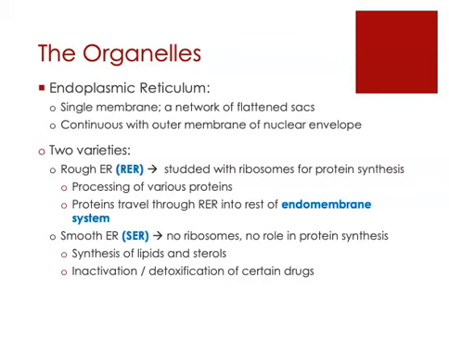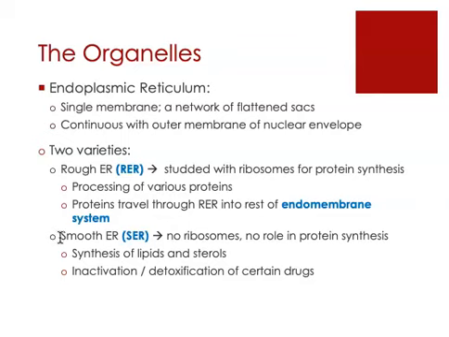The first is called rough endoplasmic reticulum, or RER, and the second one is called smooth endoplasmic reticulum, or SER. Now, the difference between these two is whether or not there are ribosomes located on the outside of the structure.